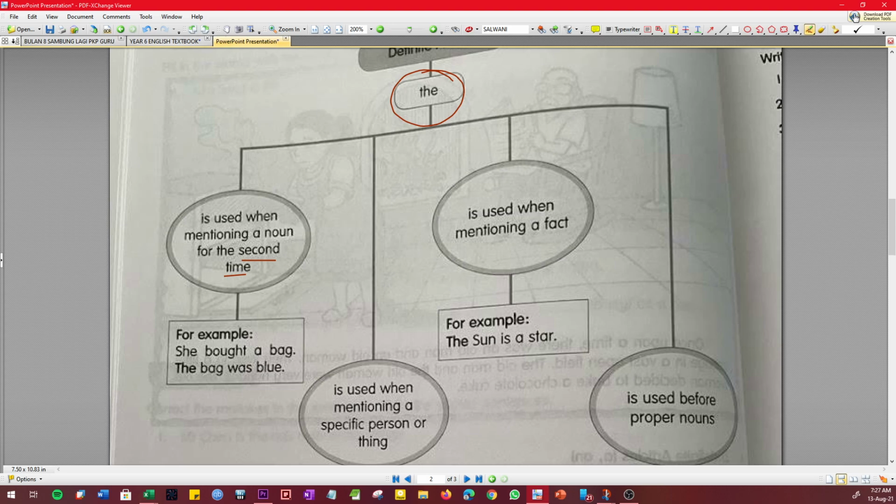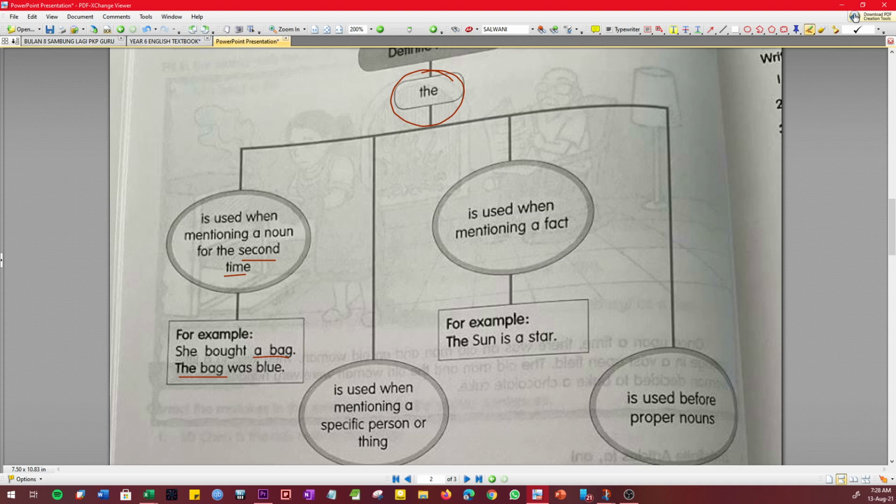For the first sentence, we mention it for the first time. So she bought a bag. Okay, a bag. In Malay, it means dia telah membeli satu bag. And then the bag means bag itu. The bag was blue.